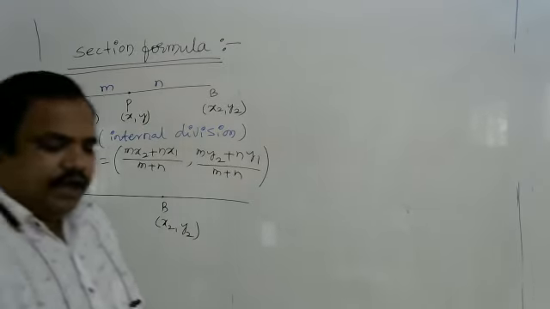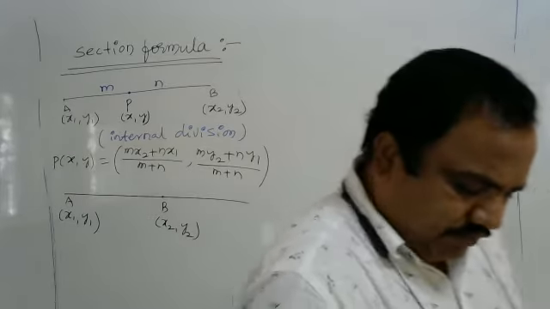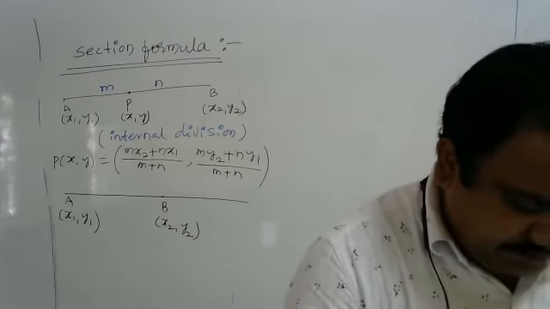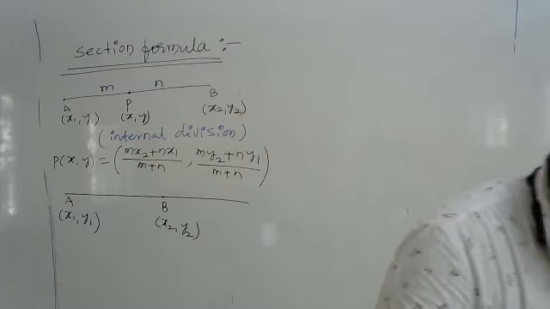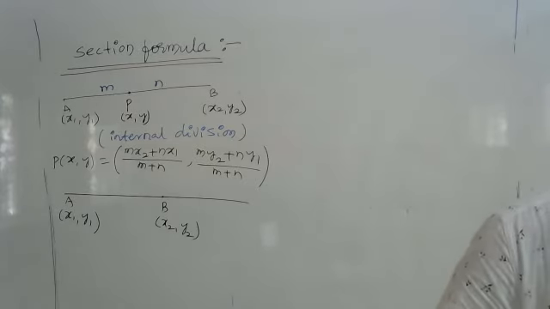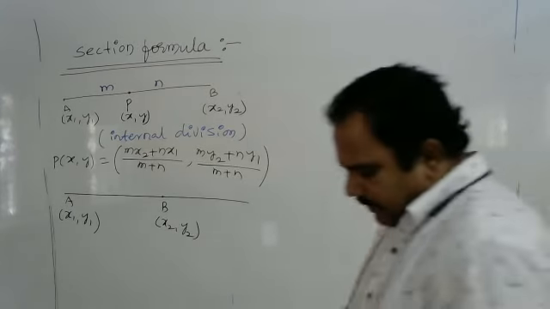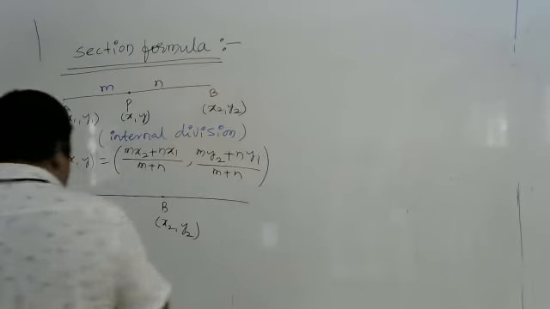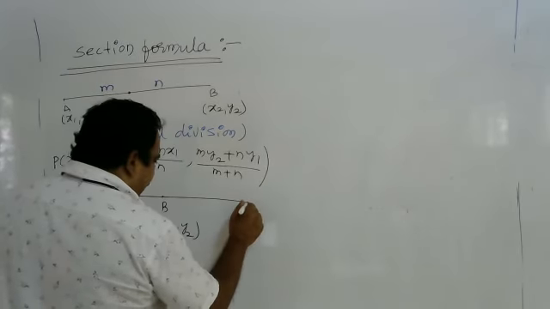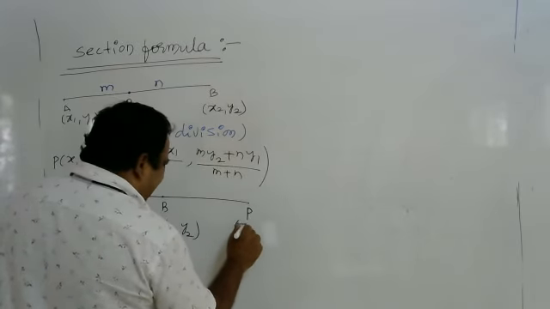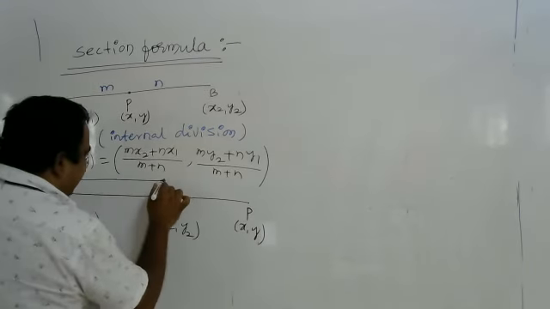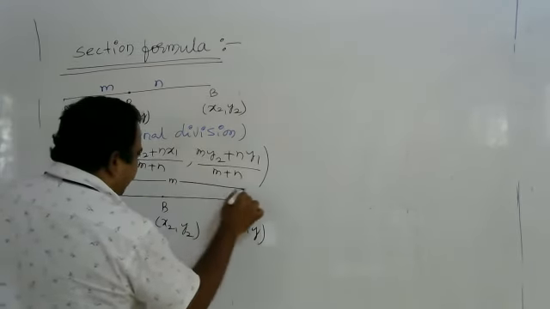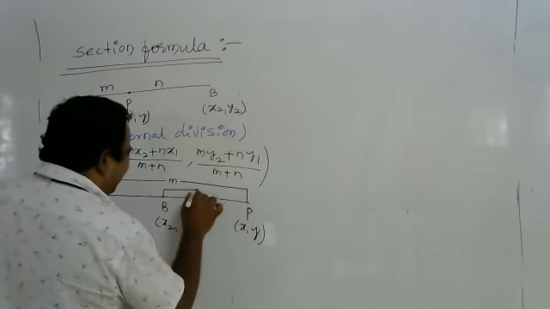So then we have given the ratio. So we have given the point in the ratio. So this is the point P. We require P of x comma y. So here this is dividing in the ratio m is to n.